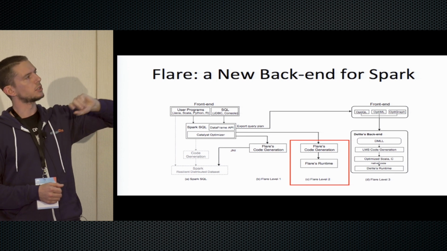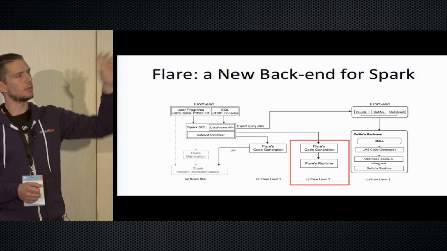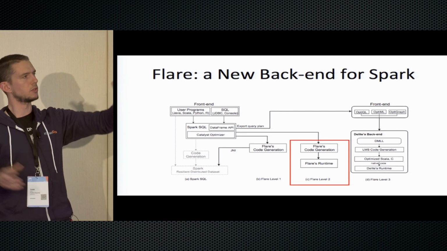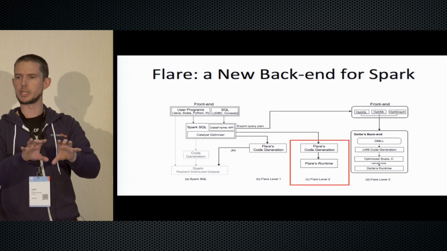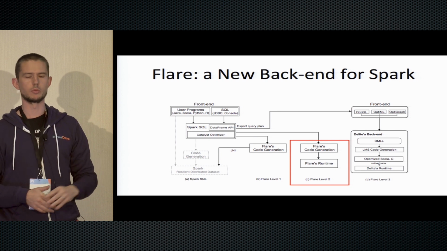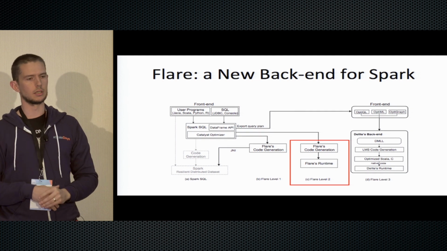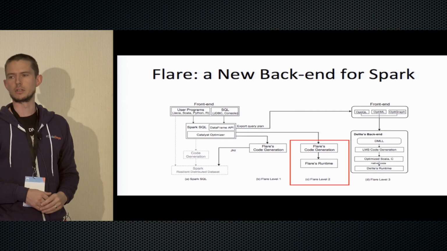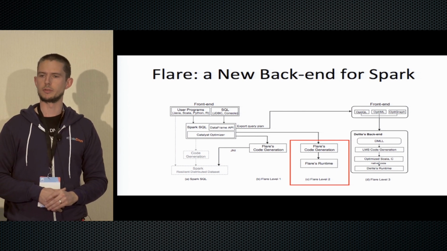We take the Spark Catalyst query plans as another DSL, and then we can translate all of these DSLs to a common intermediate language. From this common intermediate language, we can generate CPU code again, but also GPU code, and we can also run on clusters using an internal cluster runtime that is, in many cases, more efficient than what Spark provides.